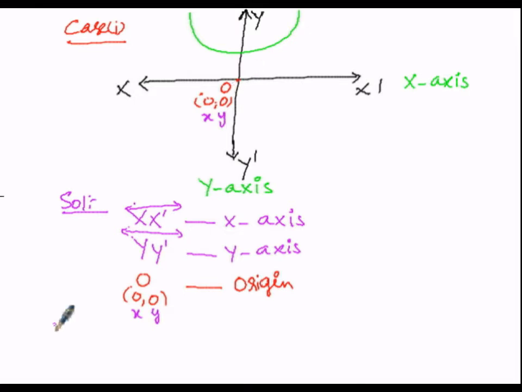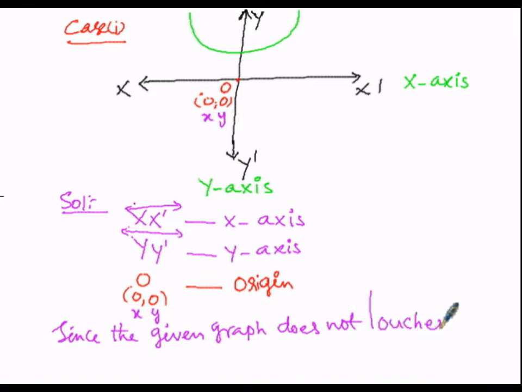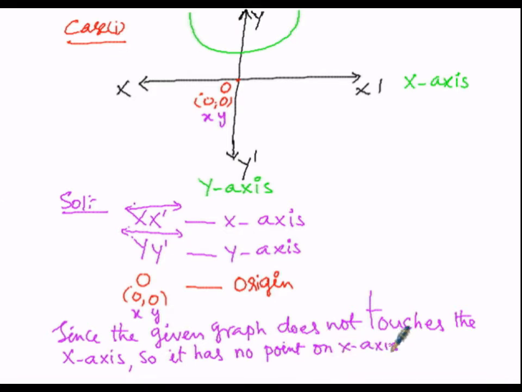So since the given graph does not touch the x axis, it has no point on the x axis and also no x intercept.